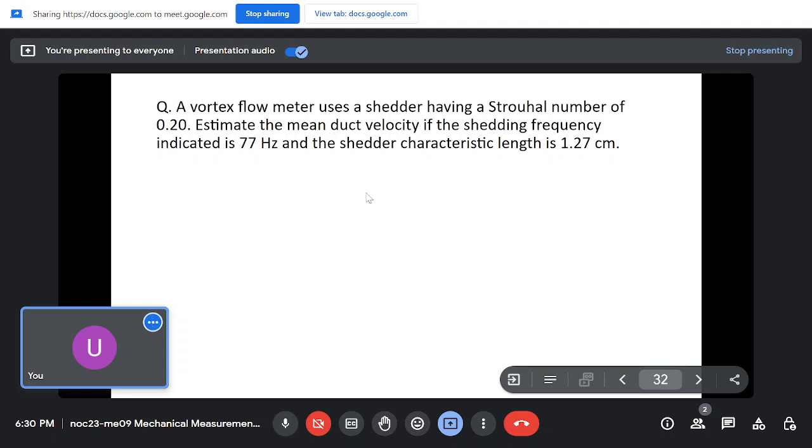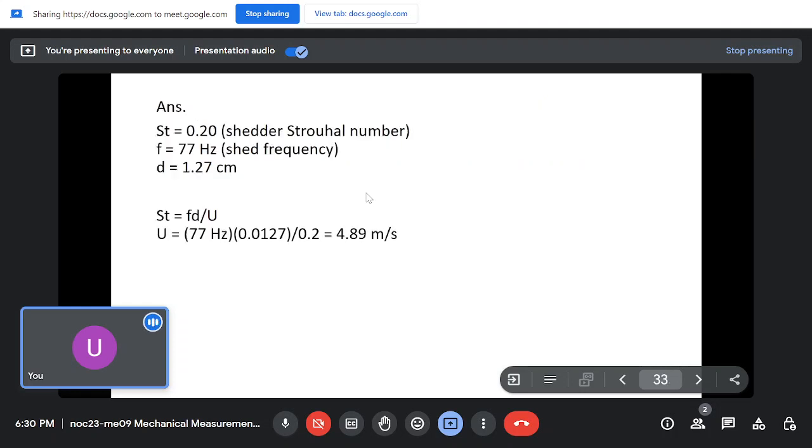In this case, the known quantities are the Strouhal number, the shedding frequency, and the characteristic length, which is 1.27 centimeter. The Strouhal number is defined as shedding frequency times characteristic length divided by mean velocity of flow. The only unknown is the mean velocity of flow, so we can find it by substituting the values.